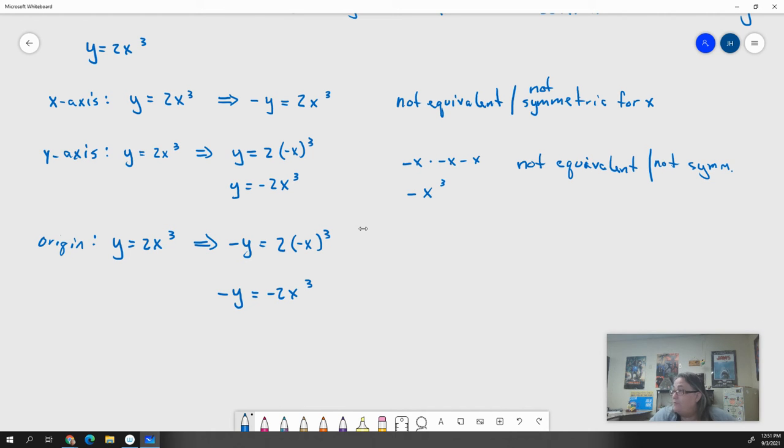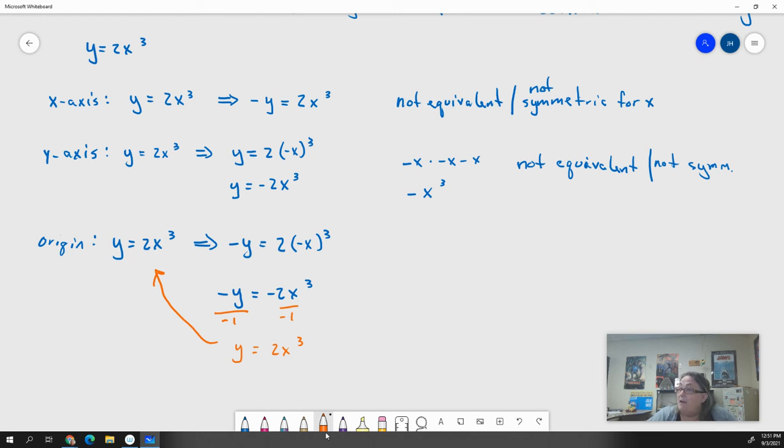If I just multiply or divide both sides by negative 1, doesn't that go away? Do you guys remember that? Because we don't care what negative y equals, we care what y equals, right? So all I have to do to find out what y equals is divide this by negative 1 and this by negative 1, and I wind up with y equals 2x cubed. And that is what we started with, is it not?